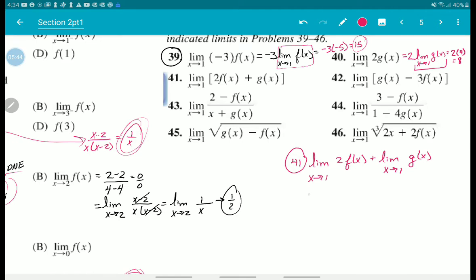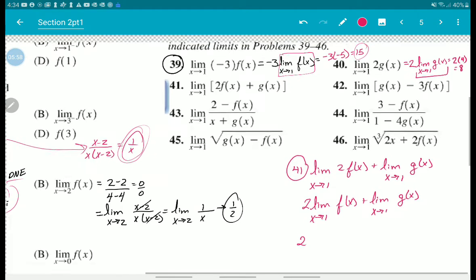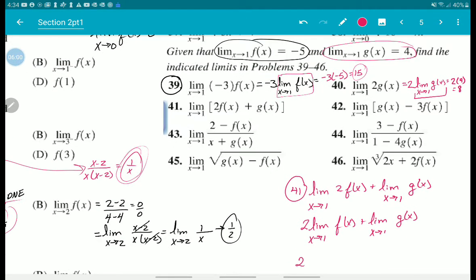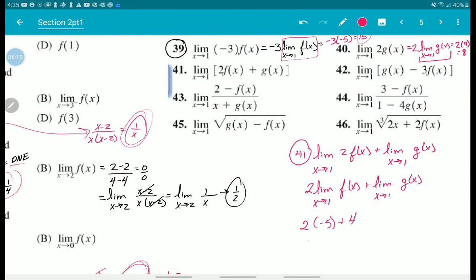And then we could rewrite this first one as 2 times the limit as x approaches 1 of f of x plus the limit as x approaches 1 of g of x. So now we know the limit as x approaches 1 of f of x is equal to negative 5. And then for g of x, we ended up with 4 because they gave us those up here. So we have negative 10 plus 4, which is a negative 6.